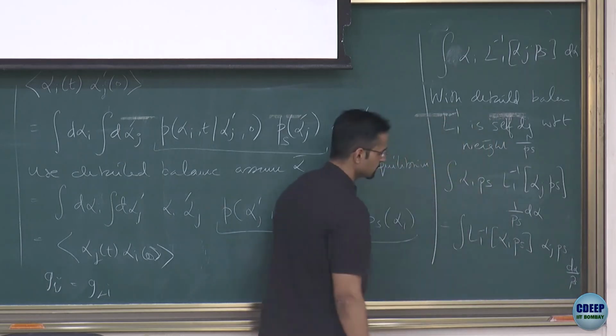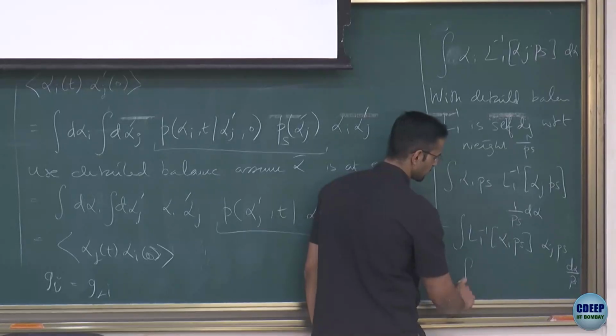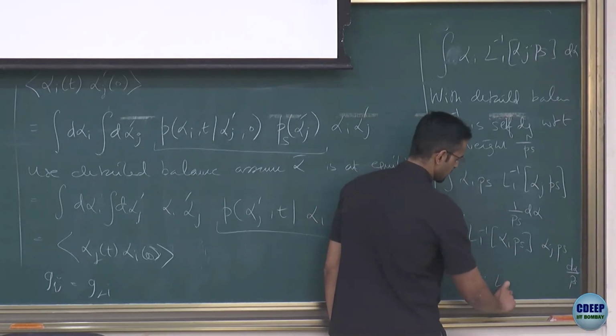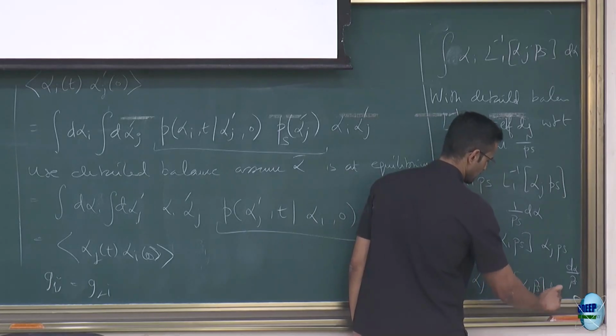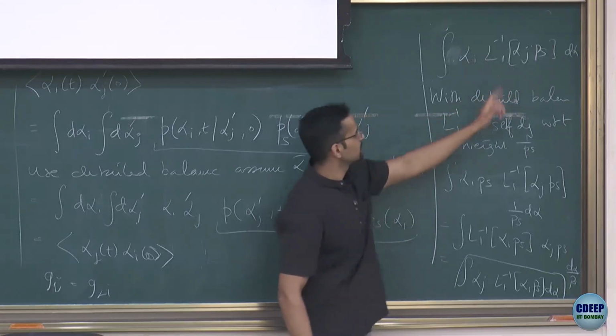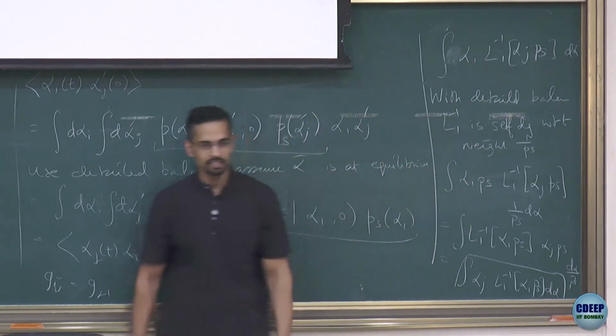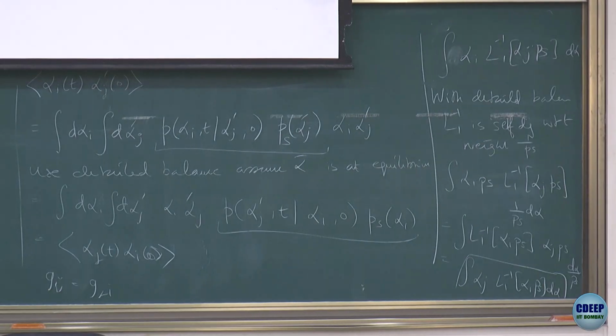And so I can effectively flip alpha, then finally I will get the integral of alpha j. So I can start with this and I can interchange the j and i because of the self-adjoint property of L1 and its inverse in the 1 by PS inner product.